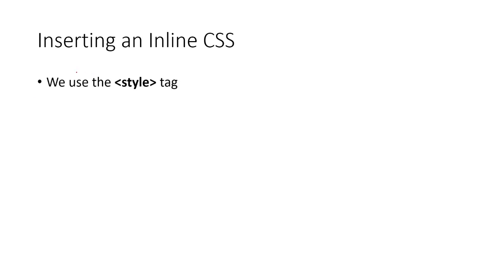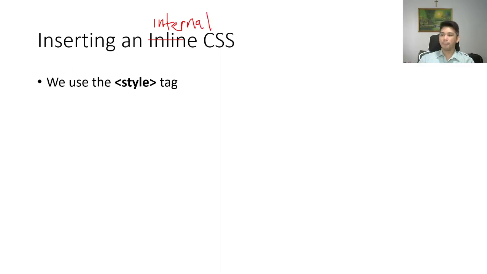Okay, let's go for inline first. No, not inline. This is internal. Okay. So for internal CSS, we will be using the style tag. By the way, I forgot to mention, I will mention it right now.